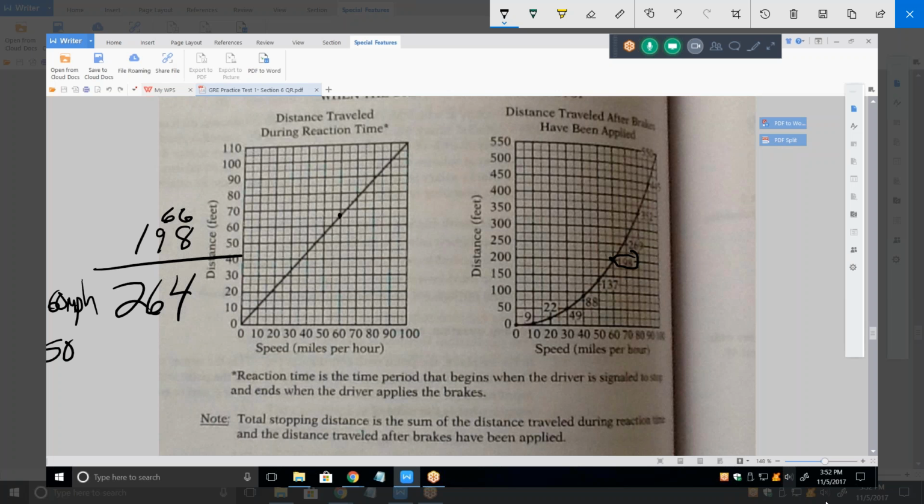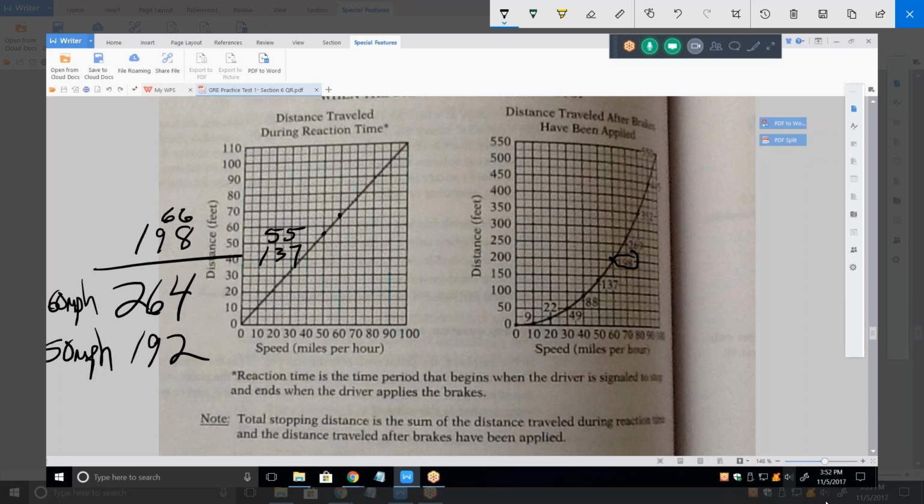And now 50 miles per hour. So we got to keep track of our answers in these. Right. So 50 is 55 here. And over here, it's 137. So when I add those two together, I go 192.